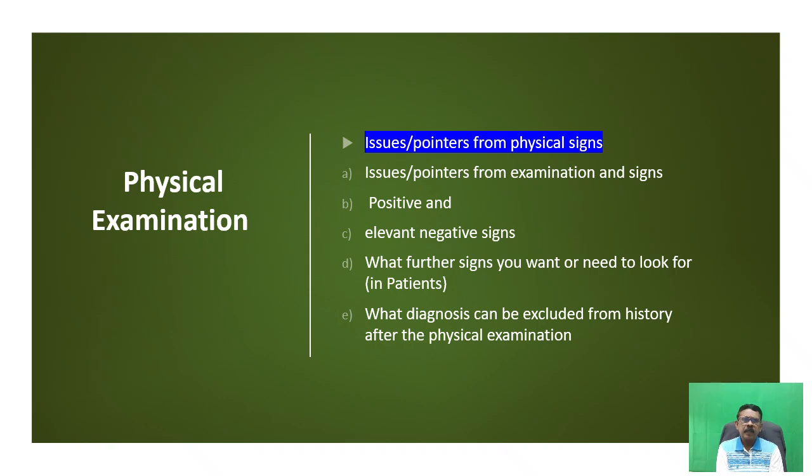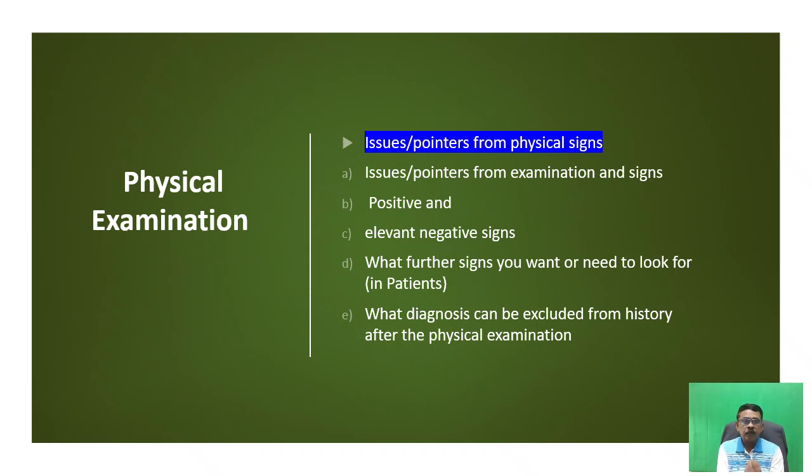That means the signs that you expect in the patient. For example, a patient with right hypochondrial pain, you expect to have jaundice, and the patient is not jaundiced. So this is a relevant negative sign. Then you may want to know about signs which are not there, so you want to examine further. Especially when you are clerking a patient, you might have missed something in the first round of examination.